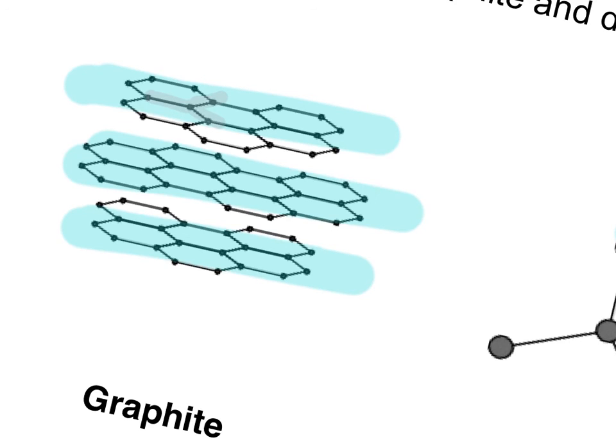And this free electron can move through the structure and carry the charge. If you don't talk about carrying the charge, then you won't get the next mark. 1 mark for talking about there being a free electron in graphite. 1 mark for talking about that free electron carrying the charge through the structure, conducting the electricity.